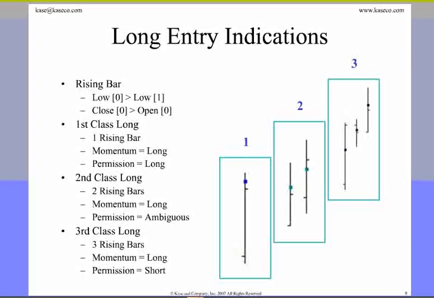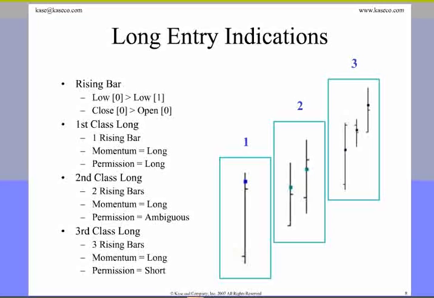If your momentum indicators are long and your permission is ambiguous, then we want to have 2 rising bars. And to make it clear, it's the second bar that has to meet the criteria for a rising bar.